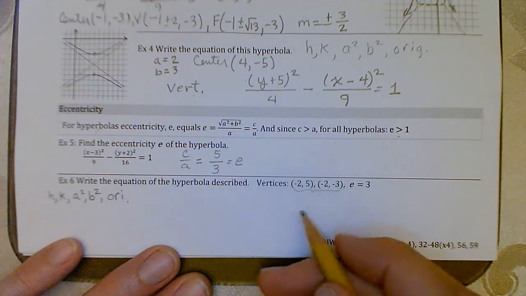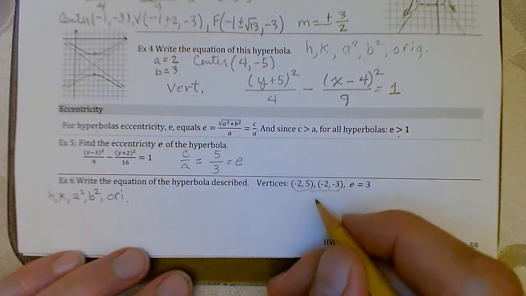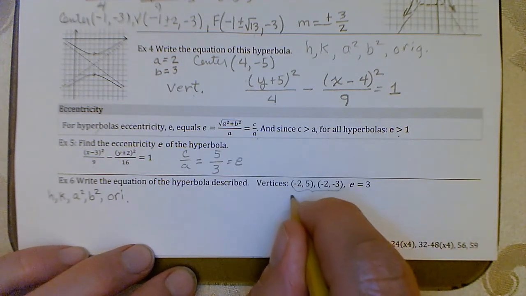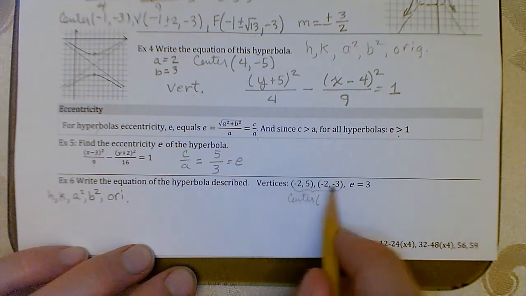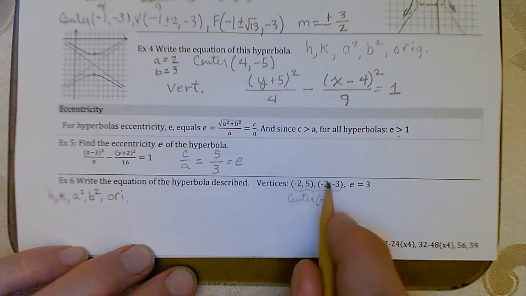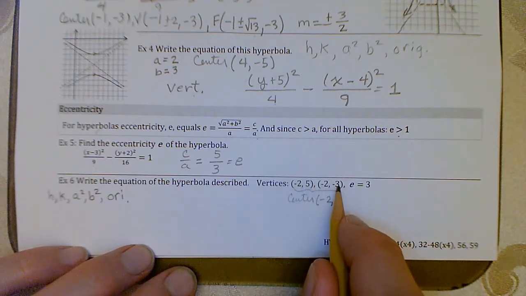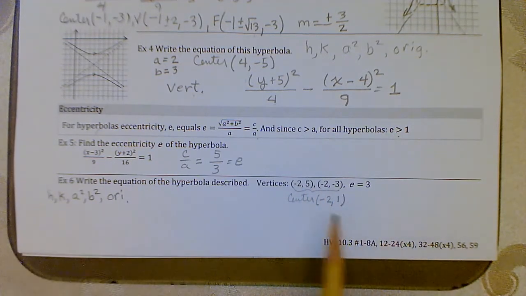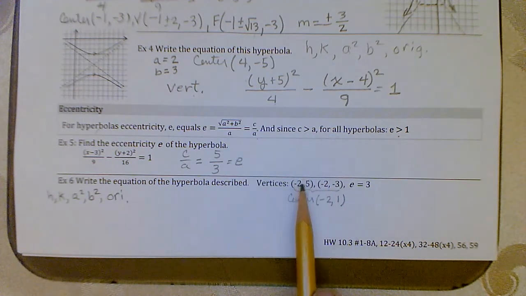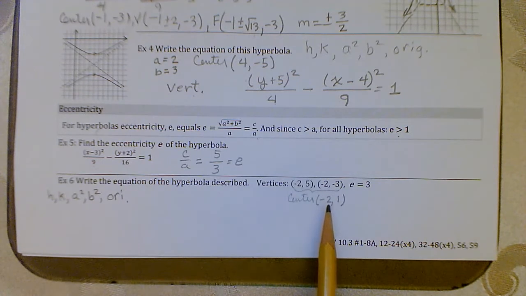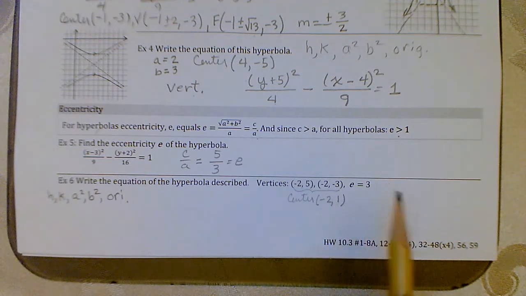So from these 2 point locations, we should be able to find the center. The center is going to be -2, comma, and then we add the y coordinates up and divide by 2, so that will give us 1. So the midpoint of a segment that has these 2 points as its endpoints would be -2, comma, 1, so that's my center. So I found my h and I found my k.